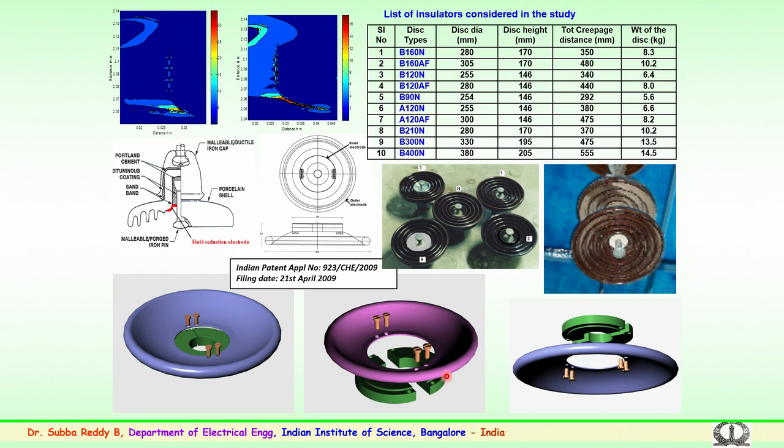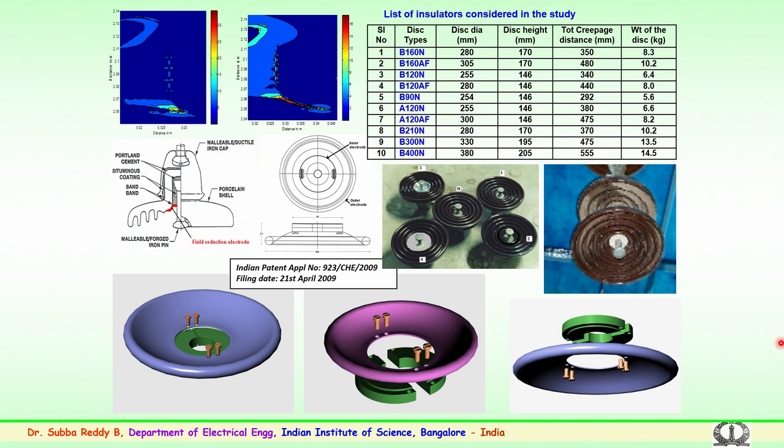So, based on the simulation for various types of insulator discs which are used for EHV and UHV levels in the country, various manufacturer data has been obtained, and we have tried to develop the field control element for different insulators. This field control element, which consists of two types of electrodes, will be fixed near the pin junction to improve the pollution performance, where it reduces the surface field there.